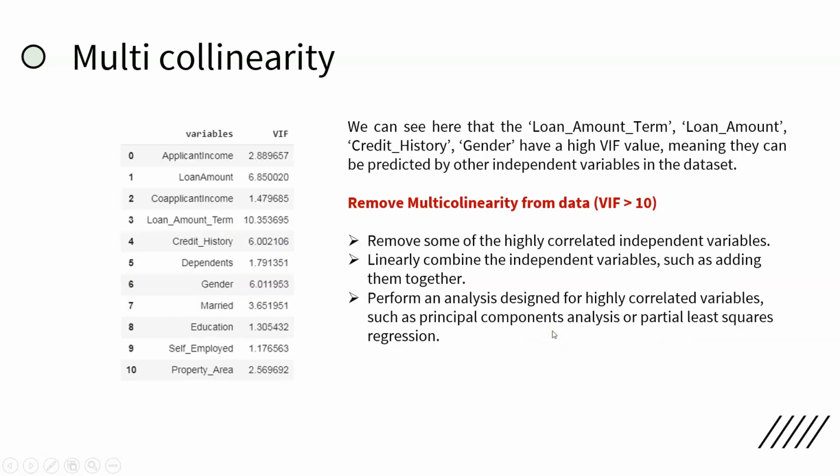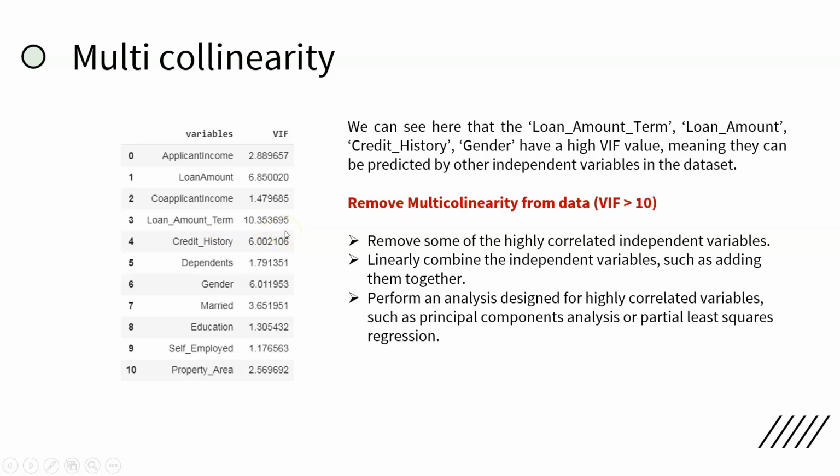Obviously our interest is higher where the VIF is higher. Anything beyond 5 is a cause for concern, but if it is greater than 10, you must remove the multicollinearity. Remove some of the highly correlated independent variables. So which is 10? Loan amount term.